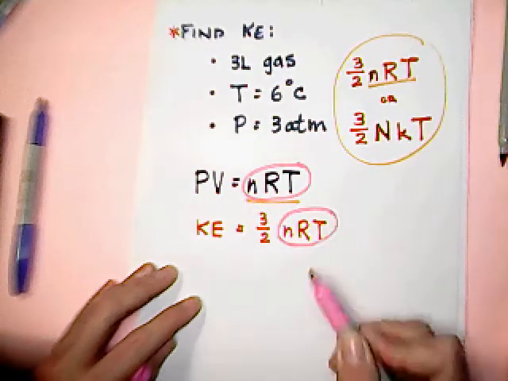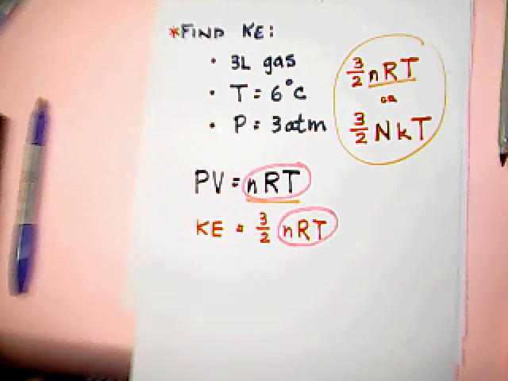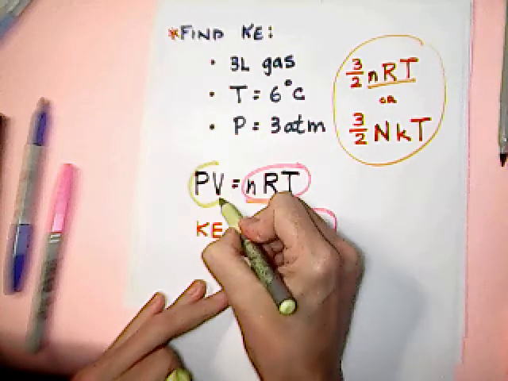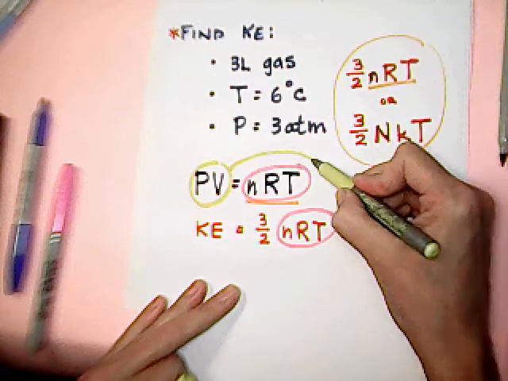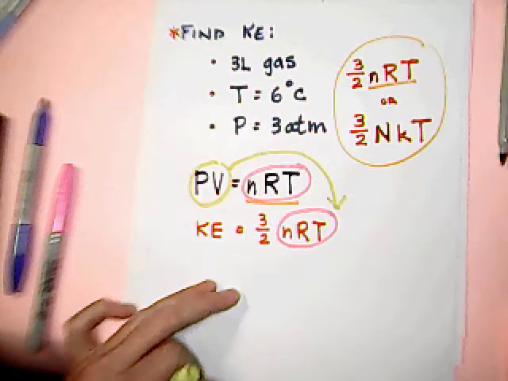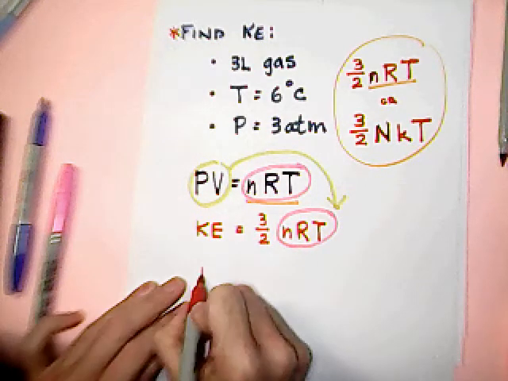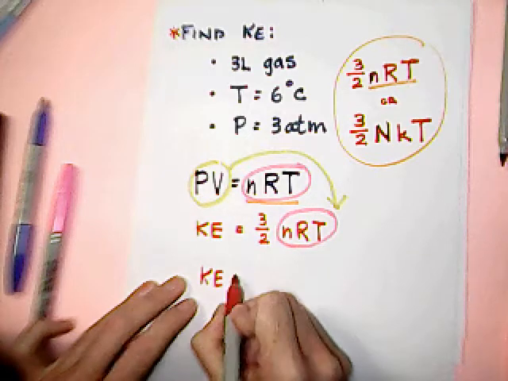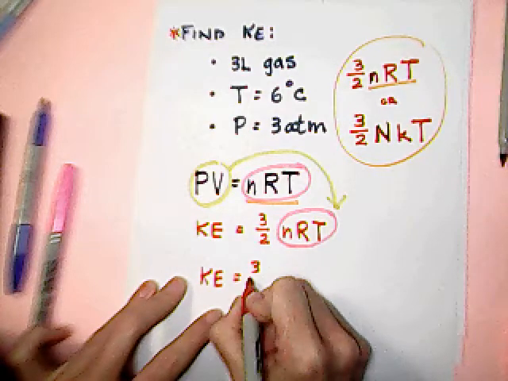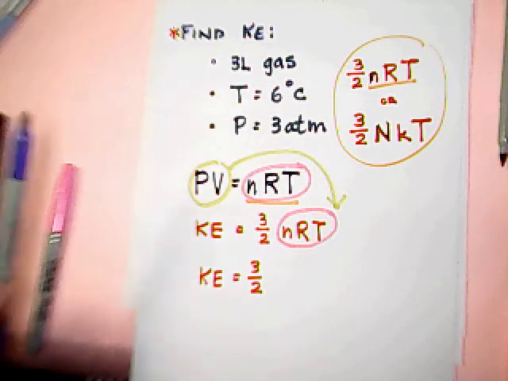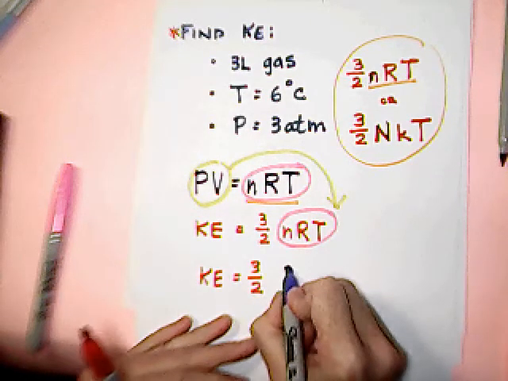What if I simply take that PV and substitute it in here? So I can rewrite this such that the kinetic energy of this total amount of gas is going to be 3/2 times PV.